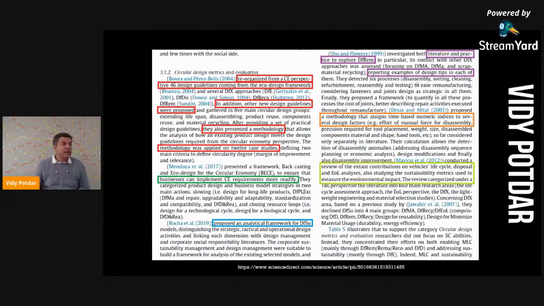But this is an example of a study that is used in a systematic review that has picked up practitioner literature or gray literature. Similarly, Desai and Mittal 2003 proposed a methodology, conducted a review, illustrates.